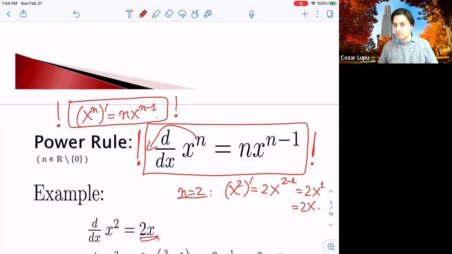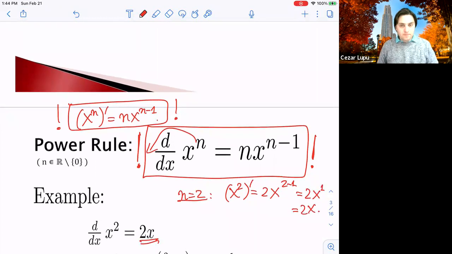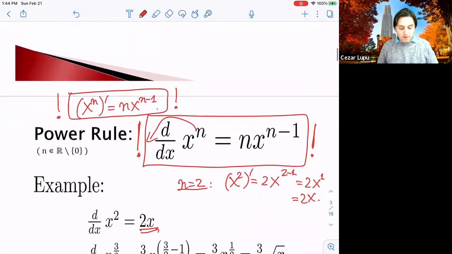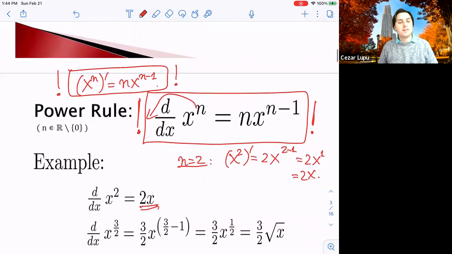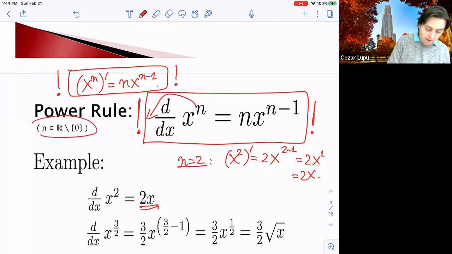Which is exactly what we found here. Okay, now let's use another one. You see, n is a real number. I want to stress this from the beginning. Of course, it's n, and you would imagine that this is just a positive integer, but it can also be any real number. For example, it can be a rational number, as you can see in the second example.